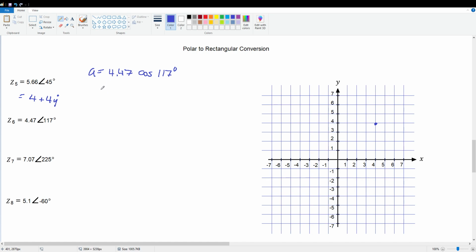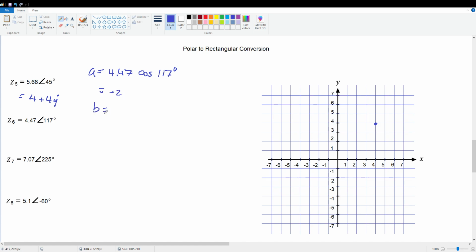All right, let's find out what the cosine of 117 degrees is. 117, trigonometry, cosine, negative 0.453. All right, so I'm going to multiply that times 4.47, and we've got A equals negative, let's just call that negative 2.